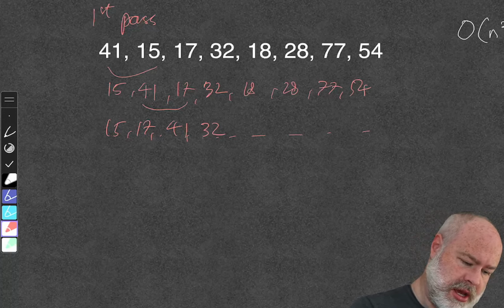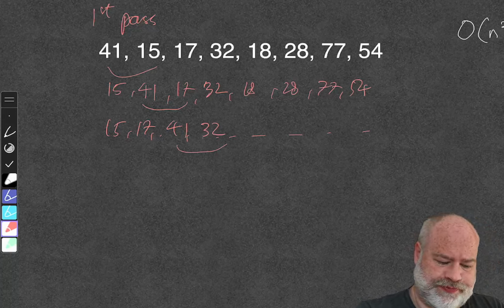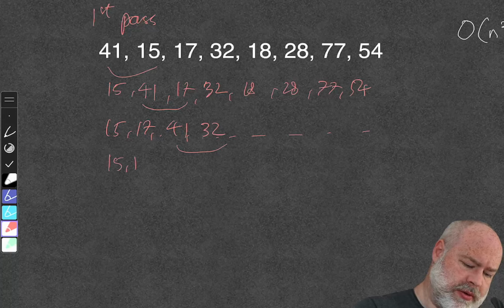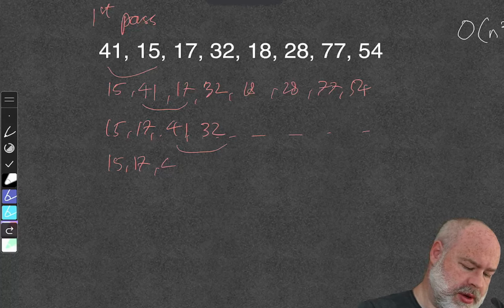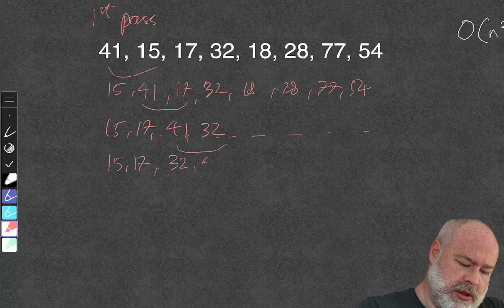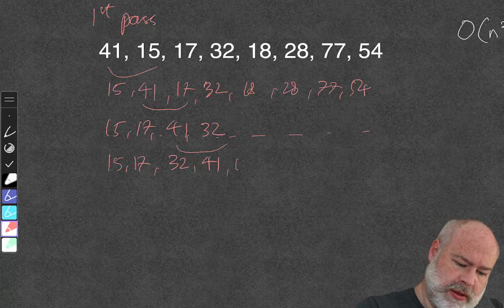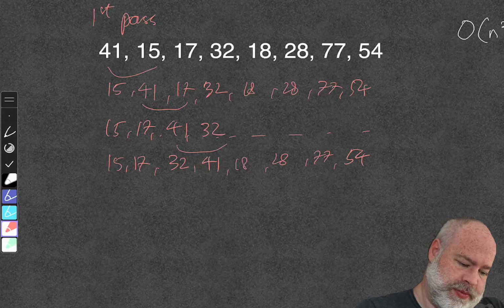And then the next time around, it's going to look at 41 and 32 and decide, okay, so we've got 15, 17, 41 and 32, they need to be swapped around. So we're going to swap those two round. 18, 28, 77, 54.